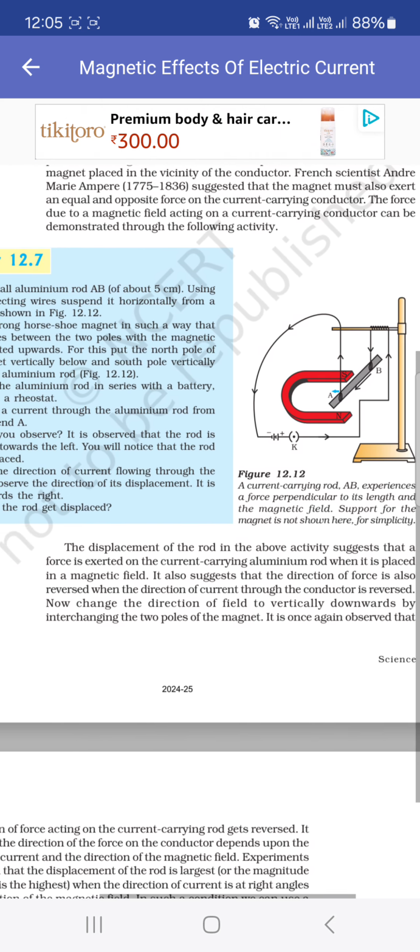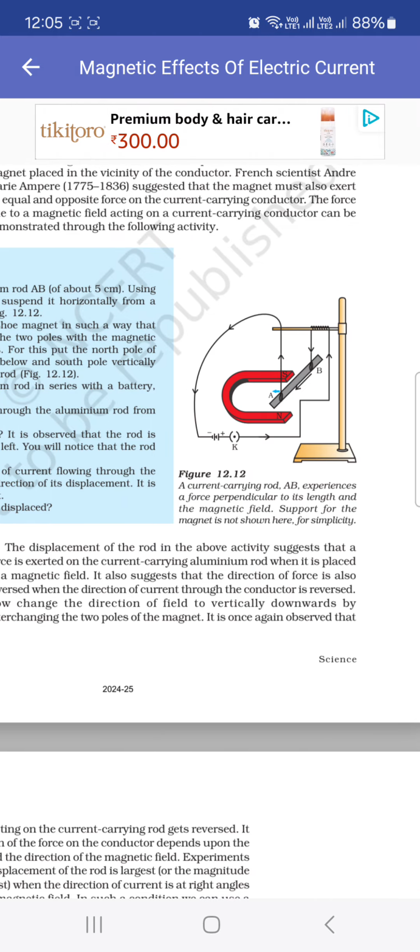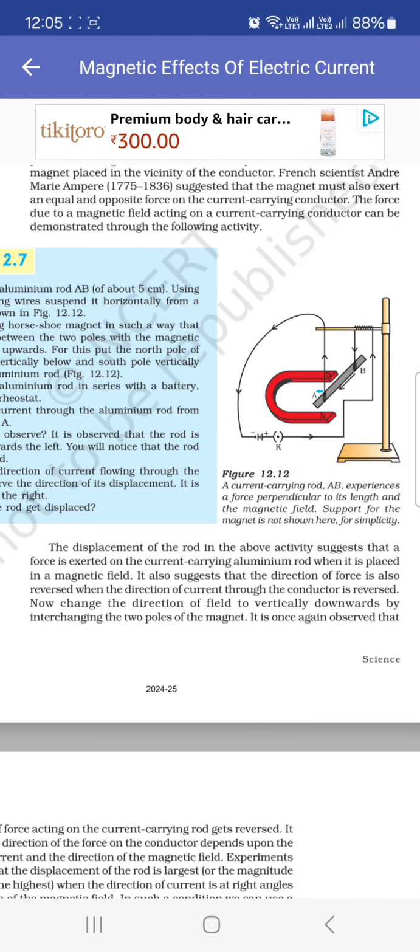The displacement of the rod in the above activity suggests that a force is exerted on the current carrying aluminum rod when it is placed in a magnetic field. It also suggests that the direction of force is reversed when the direction of the current through the conductor is reversed.